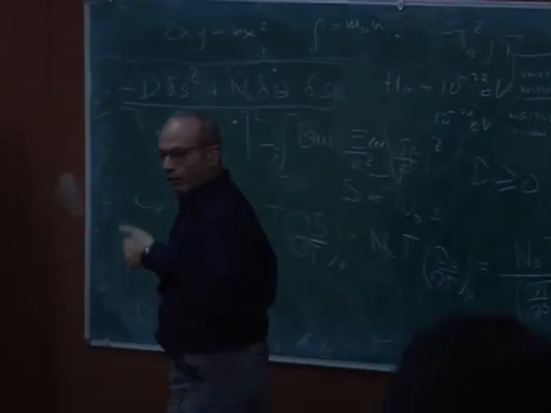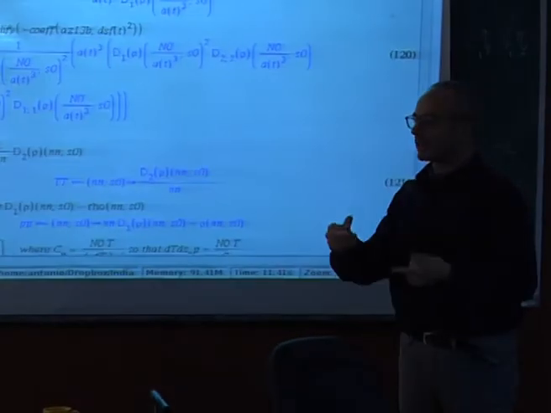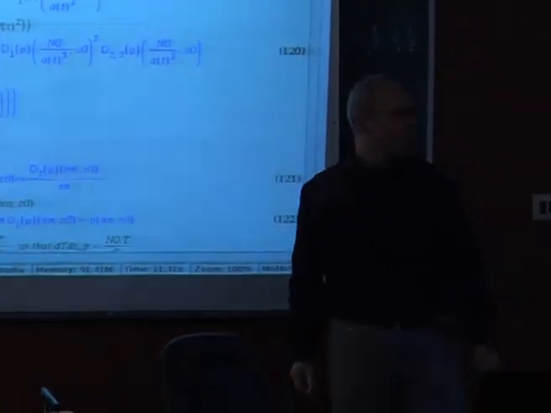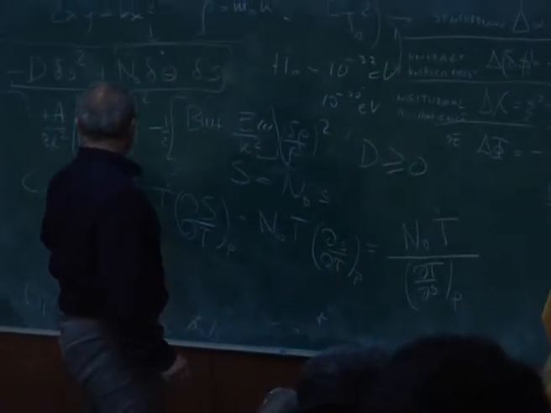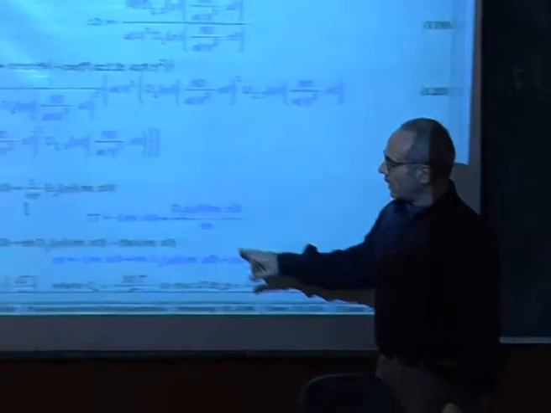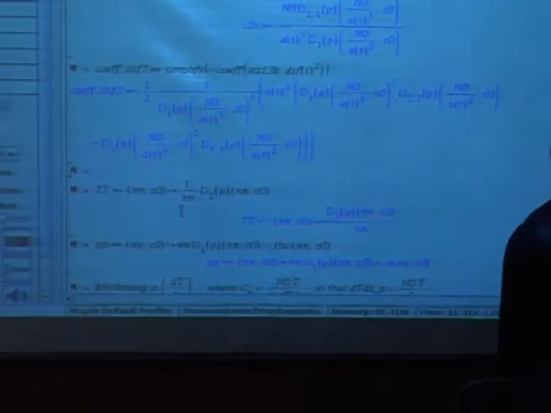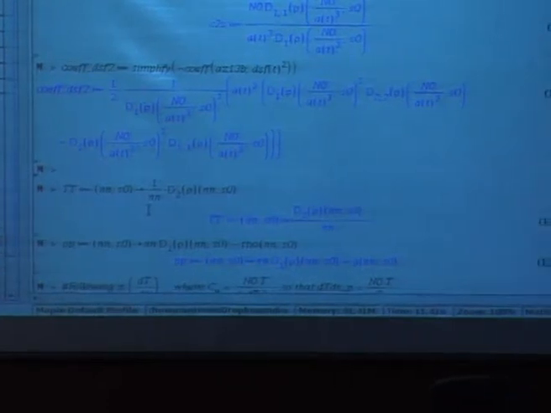So one over the derivative, keeping the same variable p constant. Okay, that's kind of a standard derivative. So let me try to find it, because I know what T is, this object here, and p is this object here, and I want to study what n0 t over dt ds at constant p is.